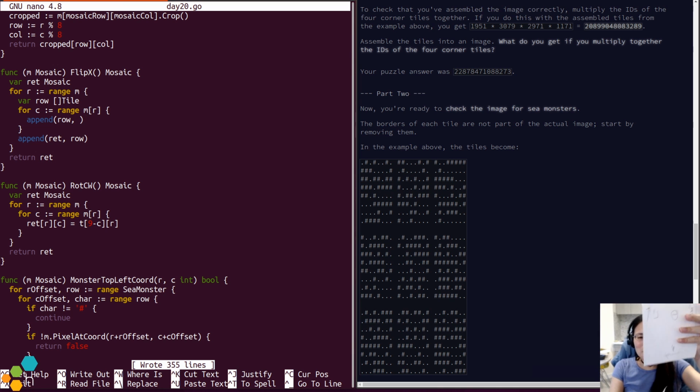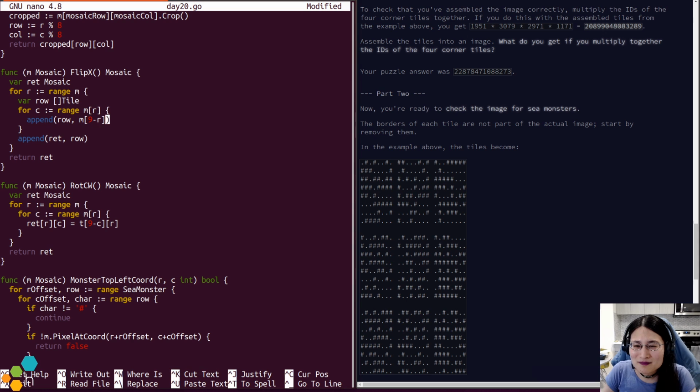So if I'm flipping along the x-axis, that means that I am flipping each element, and then reversing the order of each element. So that's going to be that's correct.